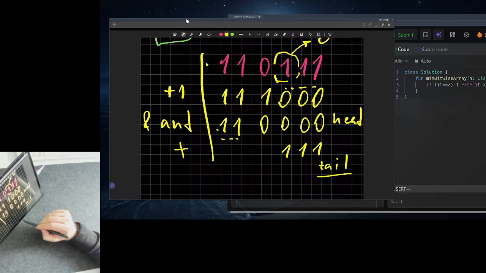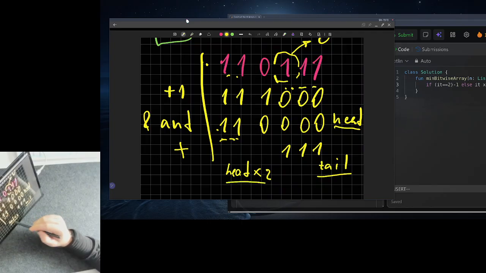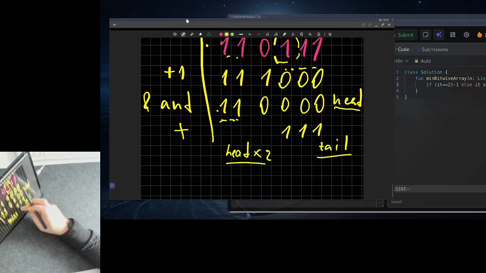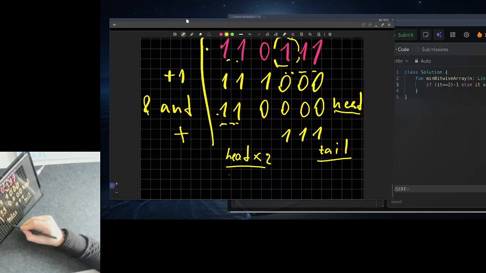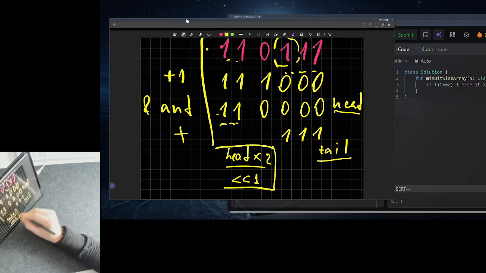The tail is preserved, but the head is multiplied by 2, head times 2, because it adds to itself. And in binary, to multiply by 2, you just shift left by 1. So it became 1, 1, 0.